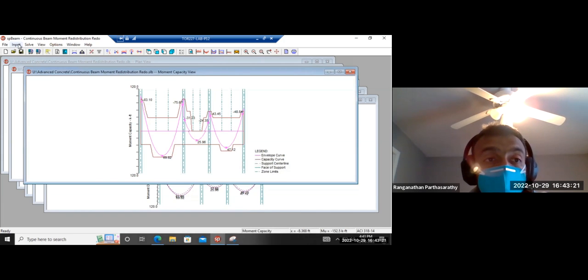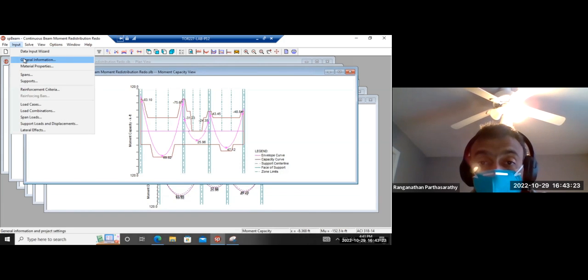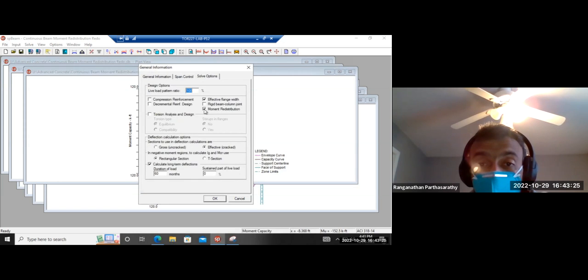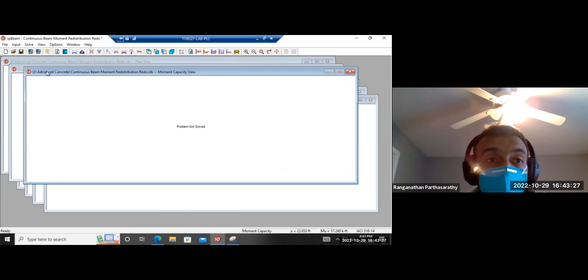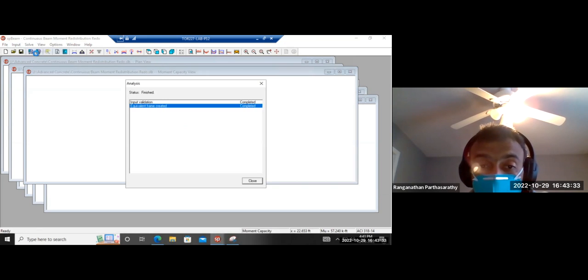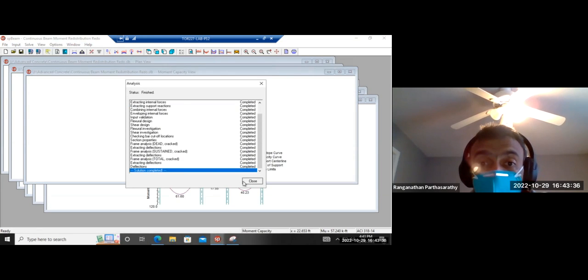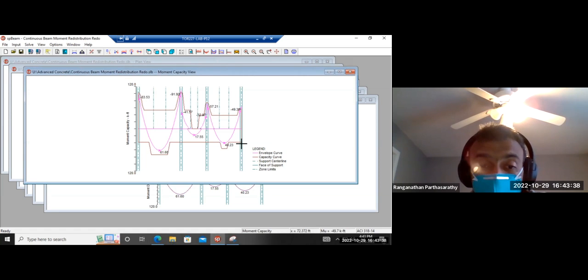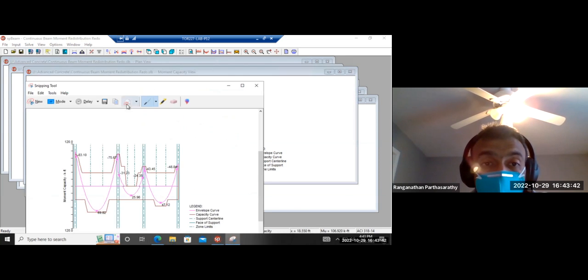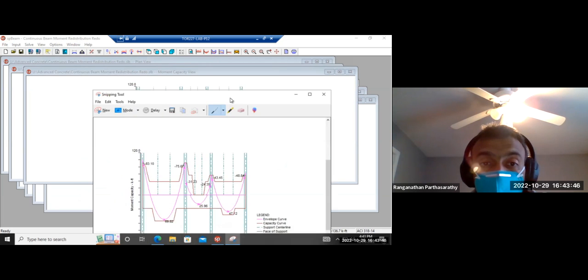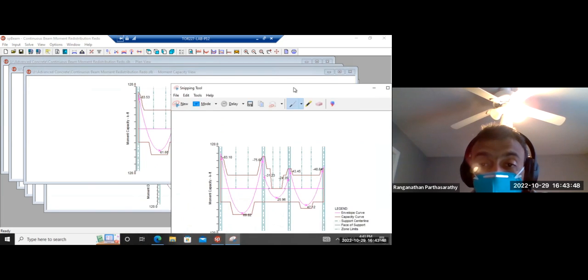Now let's go here, general information, remove moment redistribution, save, solve again. Now check the moment capacity. Now let's compare with this one.